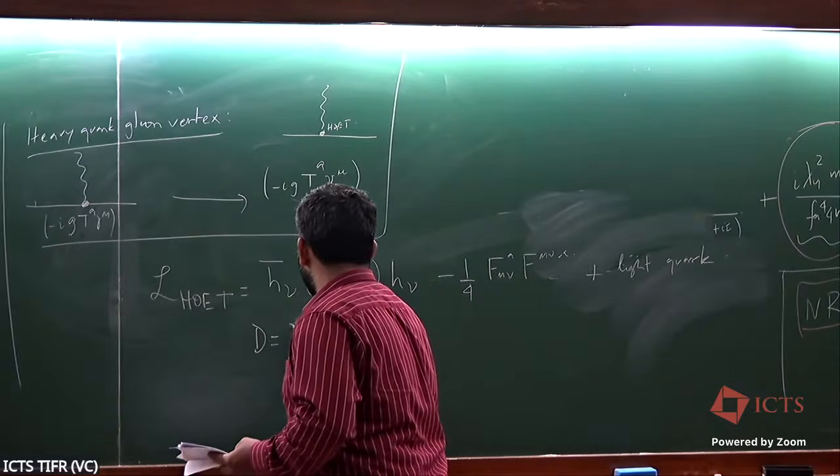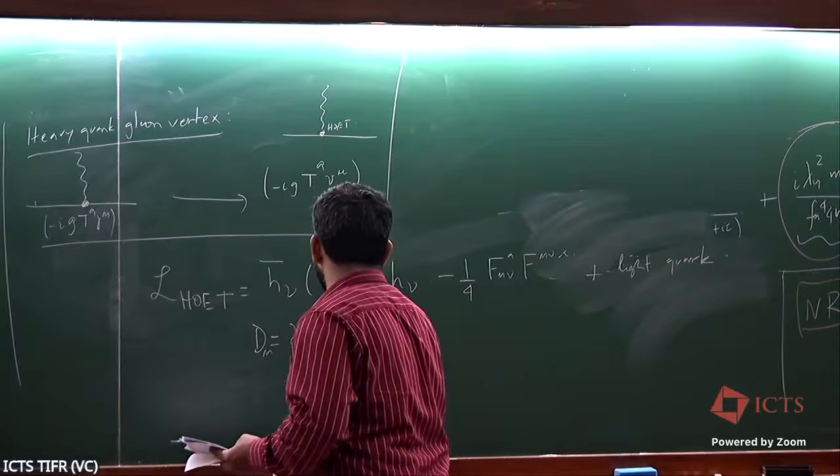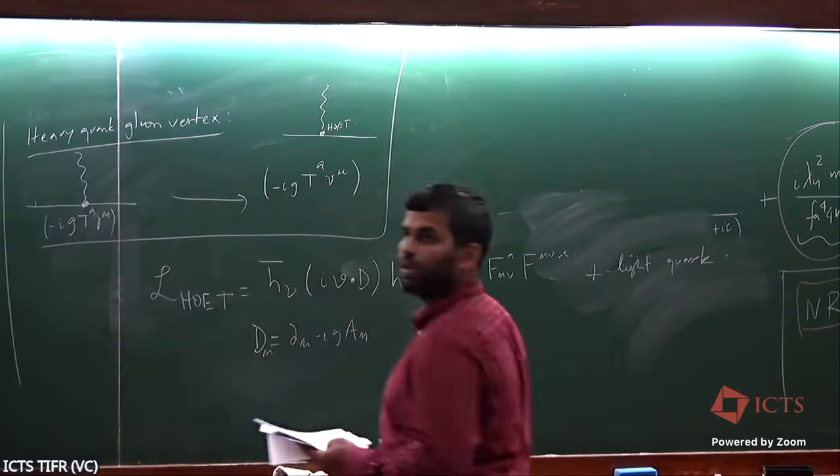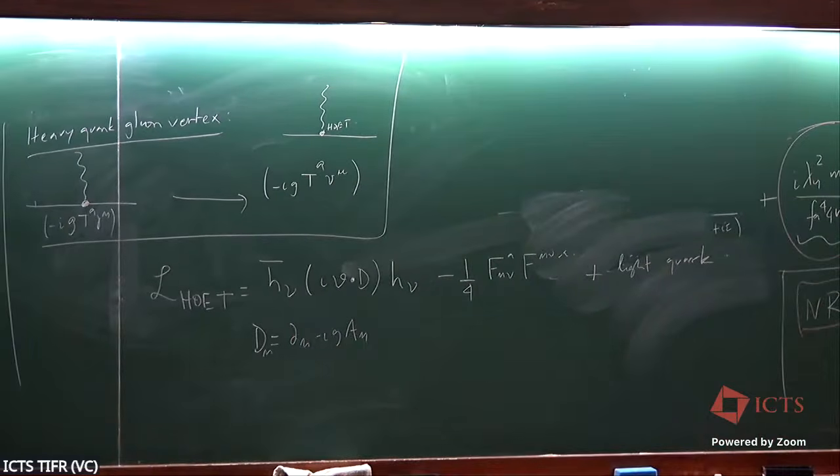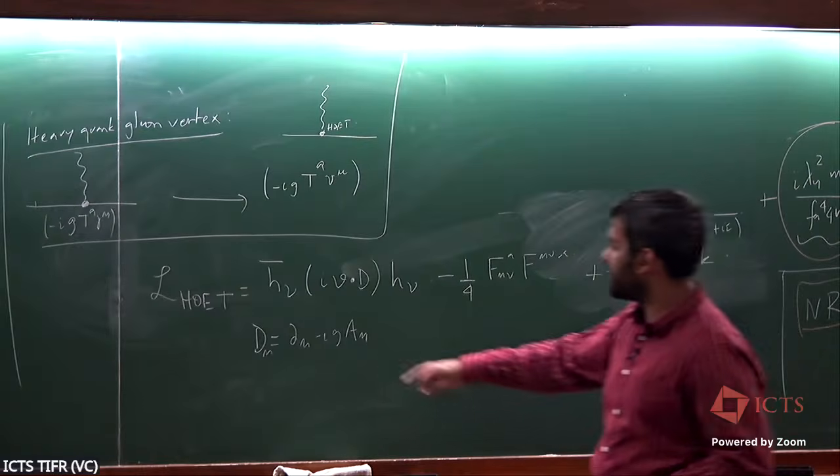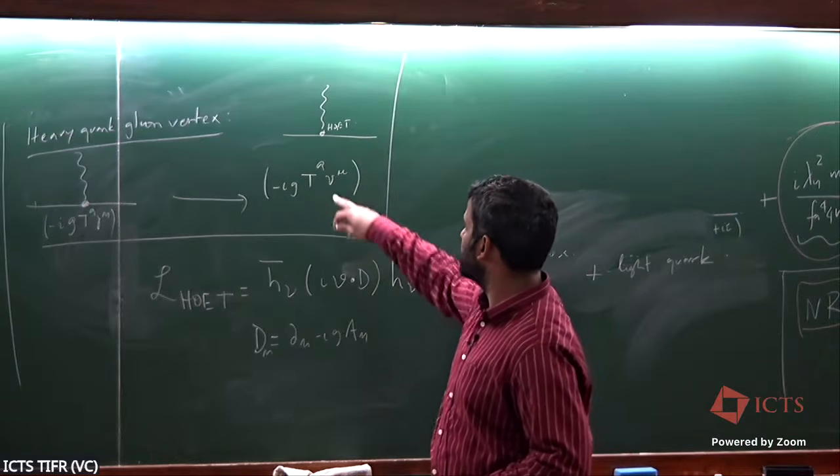D is del mu minus i g A mu. Okay, all clear?